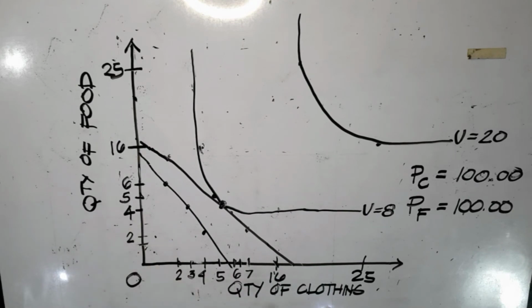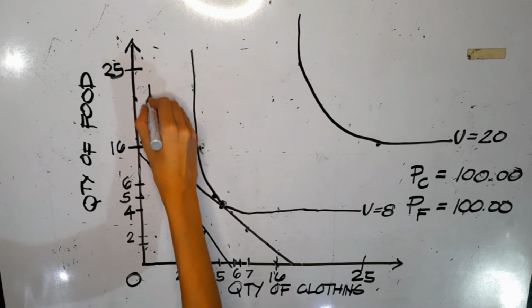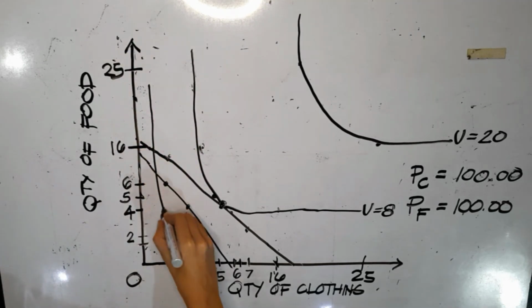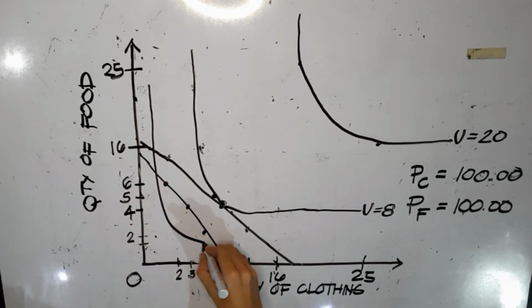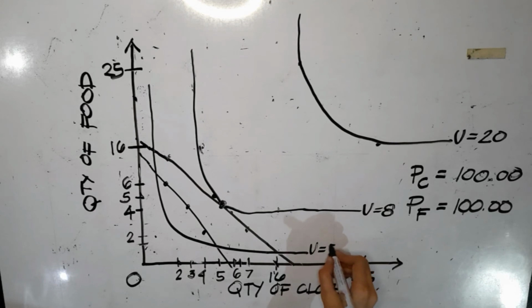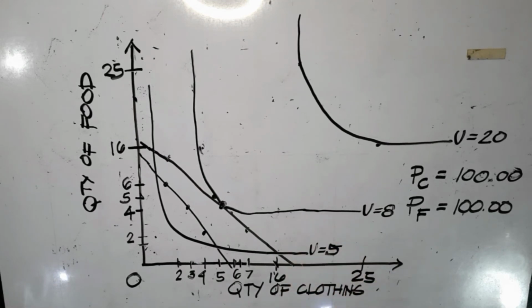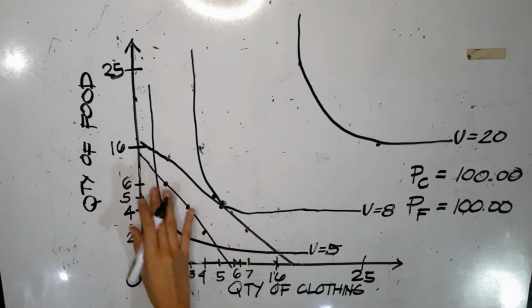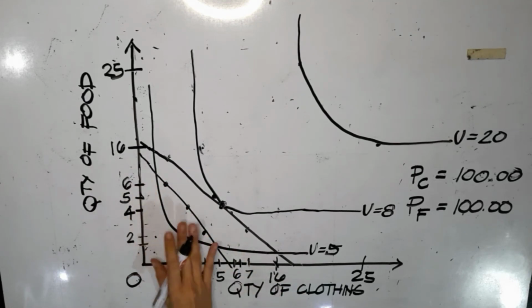But what if, let's say, you have here a curve with a utility. For the sake of example, you have here a utility of 5. Of course, with your budget, this is affordable.